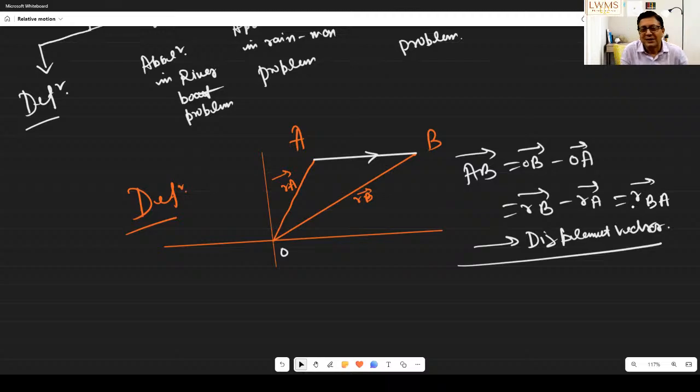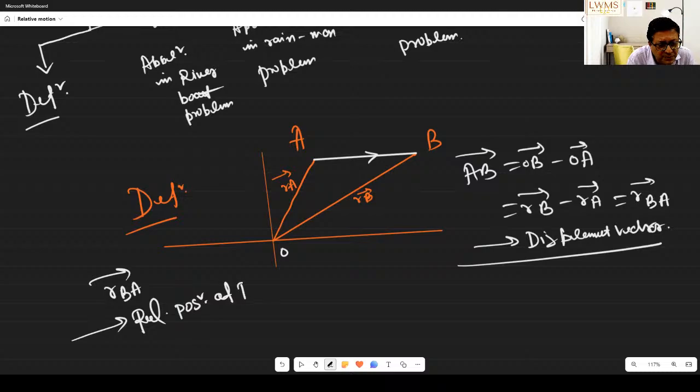RBA stands for relative position of B with respect to A. Clear?